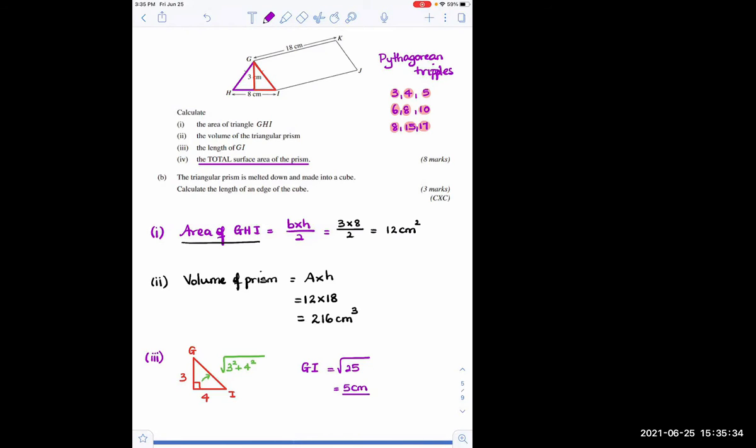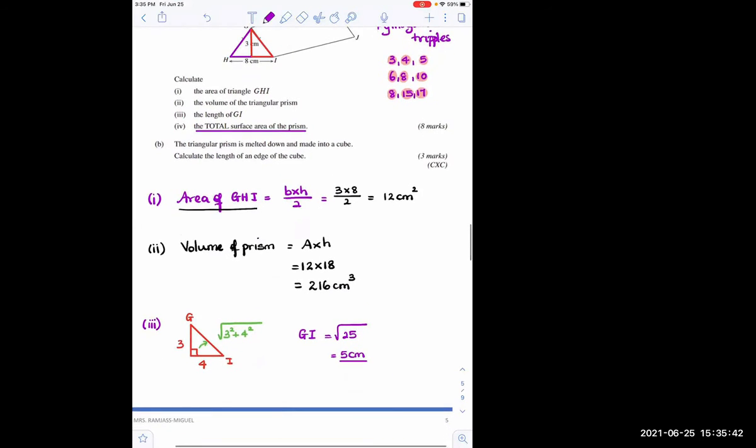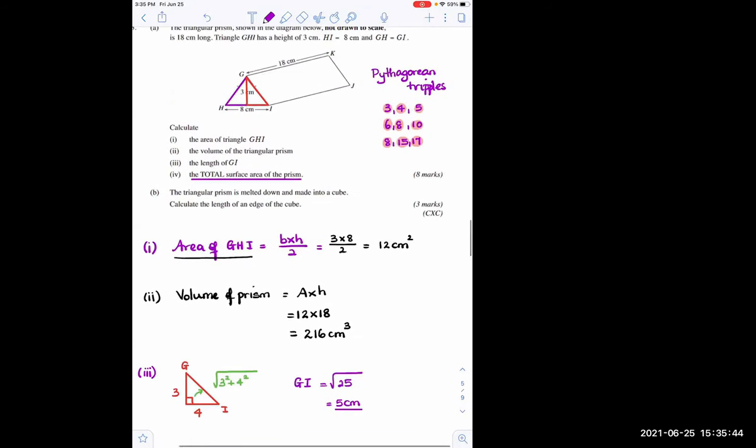It is a triangular prism. We have two sides that are triangles.